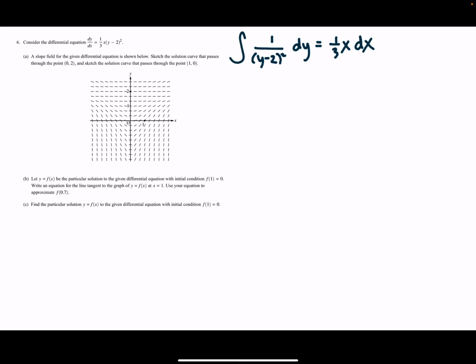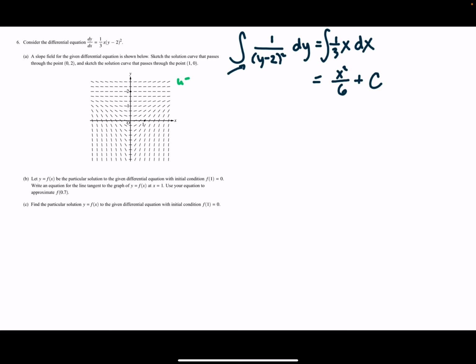Now I'm going to integrate both sides. The right side is easy enough. Hold the 1/3. The antiderivative of x is x squared over 2, so I get x squared over 6 plus C. You get 1 point just for having that constant of integration. The integral of 1 over (y minus 2) squared technically needs a u substitution.